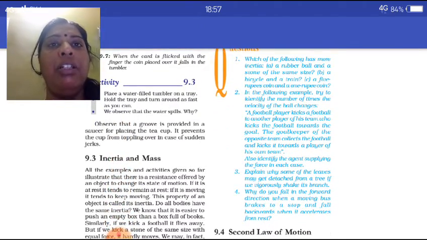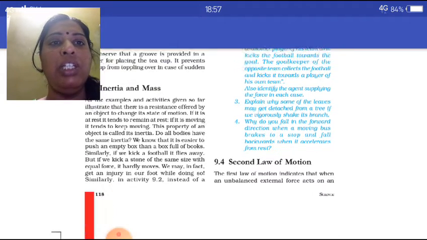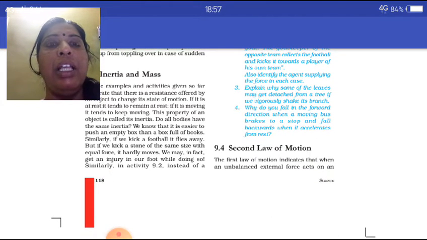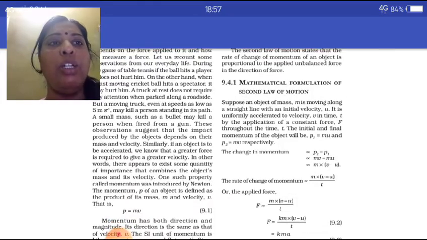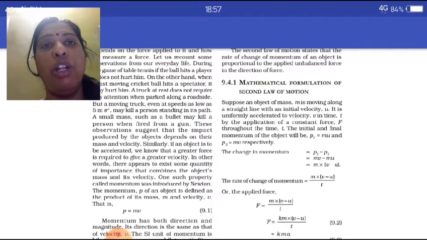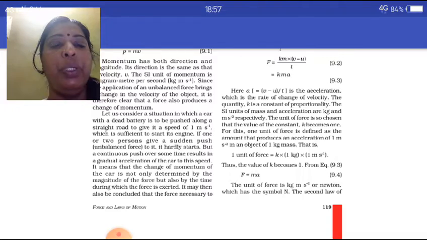Then we studied topic 9.3, inertia and mass. Then we studied topic 9.4, the second law of motion and Newton's second law. Then we derived the mathematical formulation of the second law of motion.